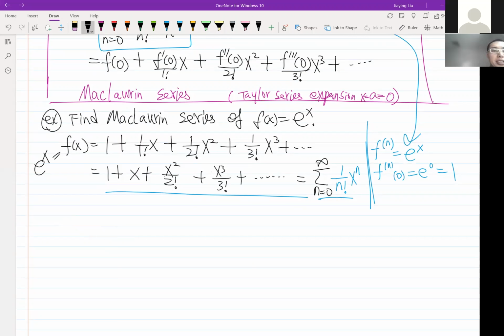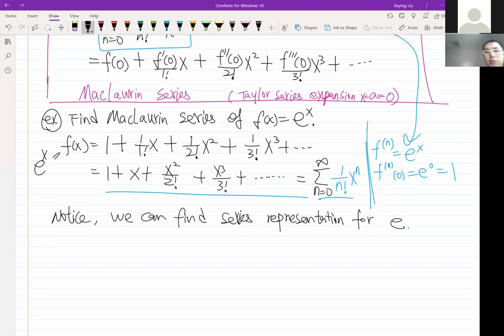Now, from here, we can find the series representation for e. Notice, we can find the series representation for just e, which is just e to the first power, right? And you can think about that as taking e to the x, but setting x equals 1.